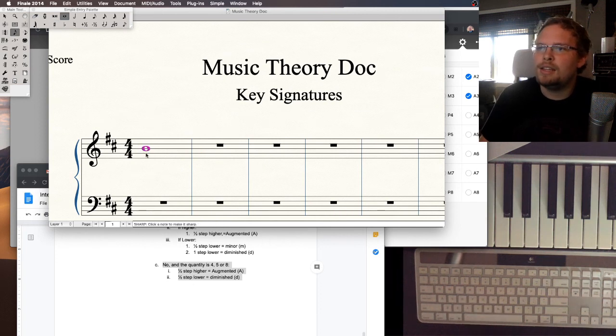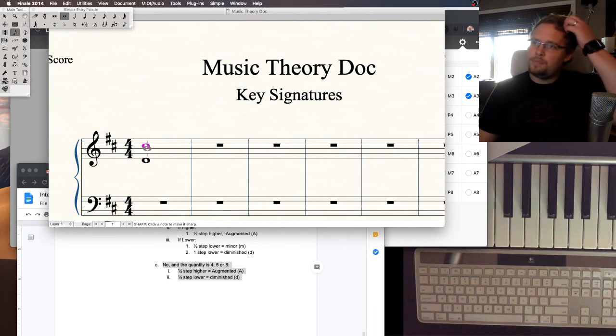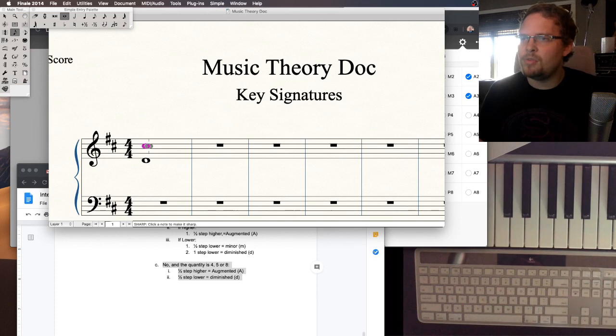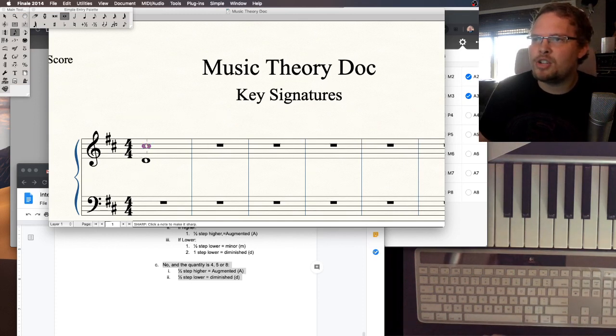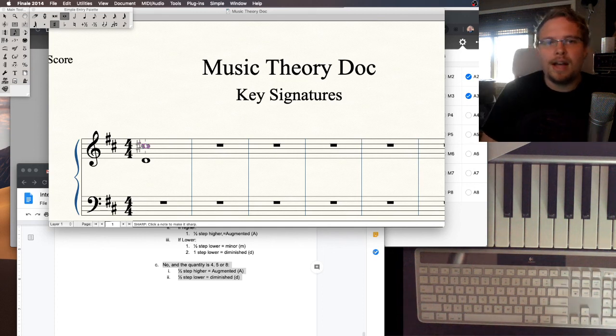So thinking in the key of D, I will put in a note right here. If I wrote this note, I would have to have a sharp next to it. I'll insert that. So if this was my note with my interval, I have a C sharp, and there's also a C sharp in the key signature.